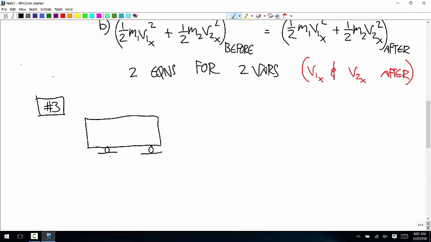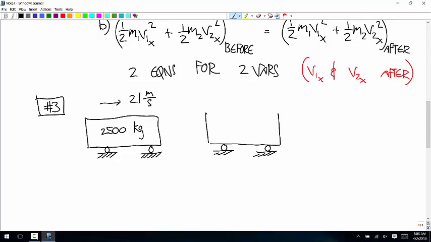That's close to 50 miles an hour. So this one is 2,500 kilograms, and it's moving at 21 meters per second.